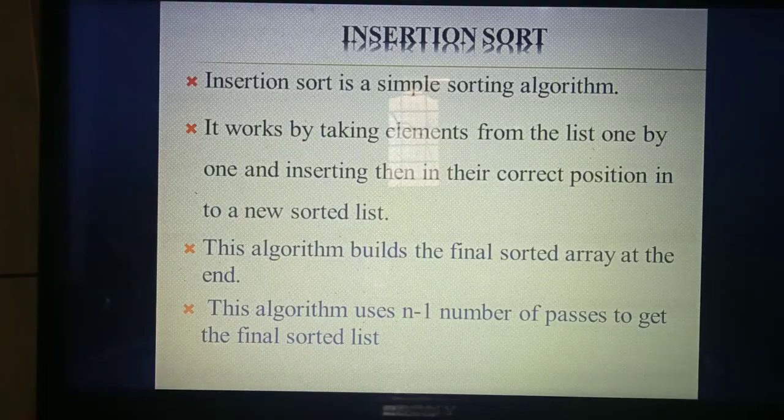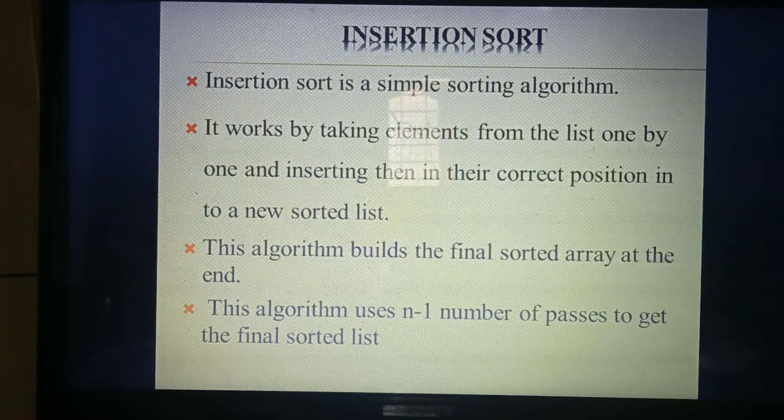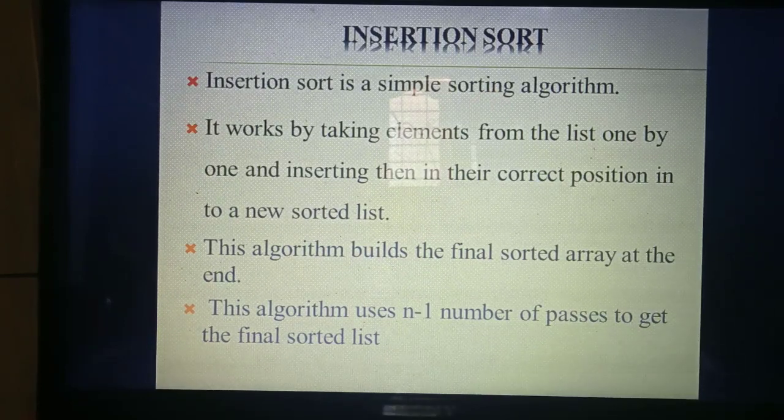First you insert one position, then you get one sorted list. Then you insert the next position, and you get another sorted list. Like that, till the end of the list, you insert elements in the correct position and you will get the sorted list. If you see this algorithm, finally you will get the sorted array.